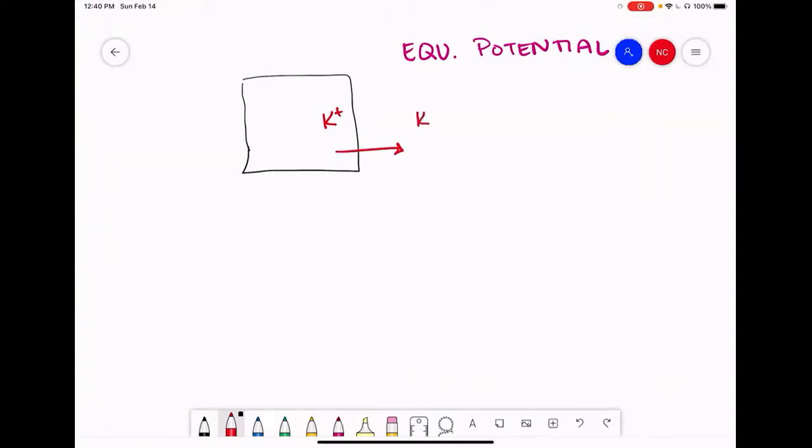I'm just going to put K plus out, and that is dictated by this concentration gradient. Now there's another force that works on potassium as well, and that's its electrical gradient. Not only are we trying to balance the concentration of potassium in and outside of the cell, but we also naturally try to reach equilibrium by adjusting the charge.